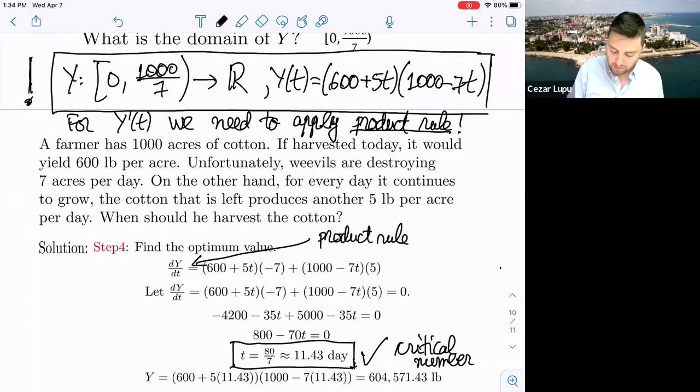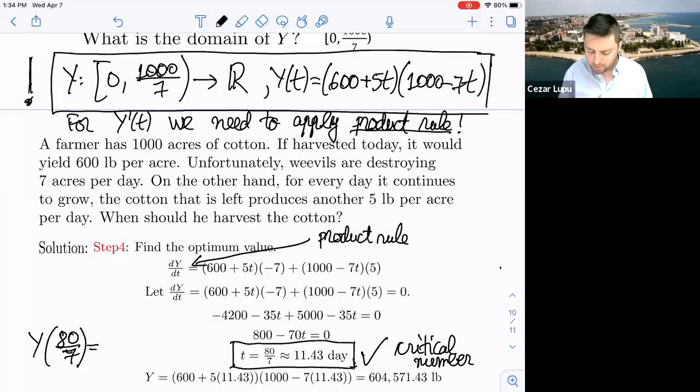So y of 80 over 7 is, well, approximately this value, 604.571, anyway. So that would be the critical value, right?